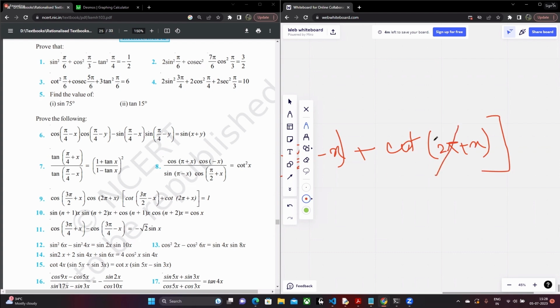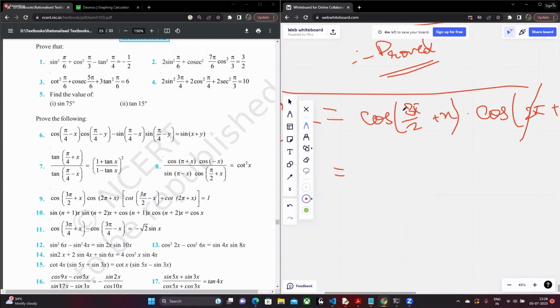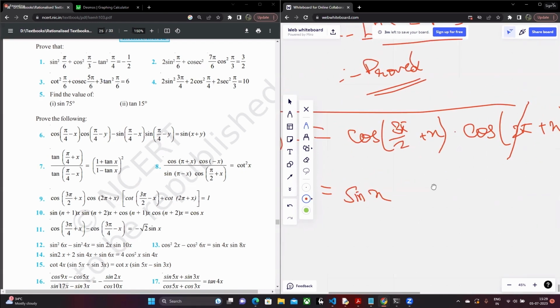Again, 2 pi, full revolution, so I can basically ignore it. This I'll rewrite as, since this is cos of 3 pi by 2 plus x, this is going to be positive in the fourth quadrant. So this is basically going to be sin x, right?